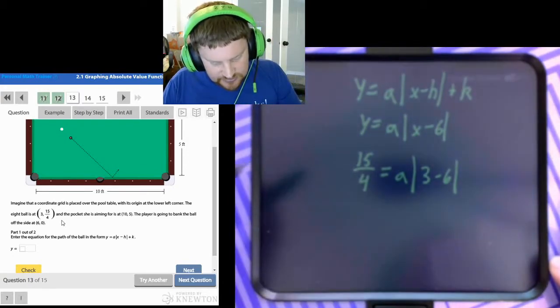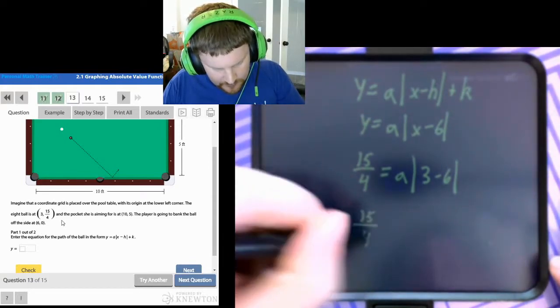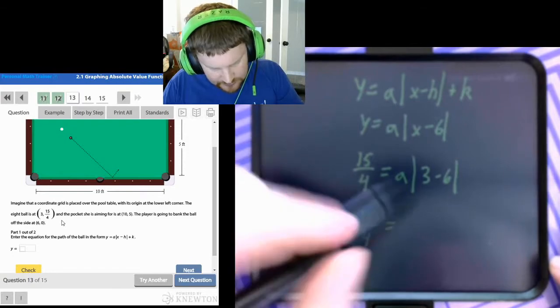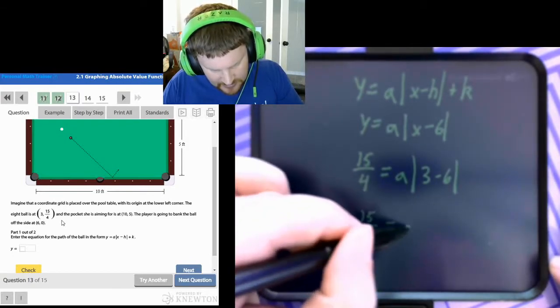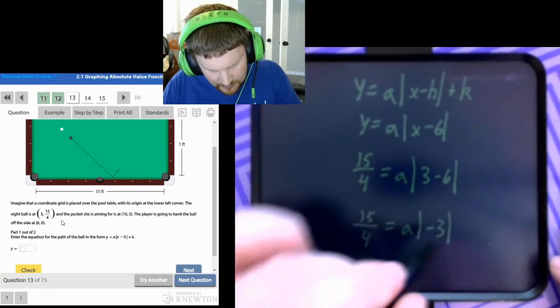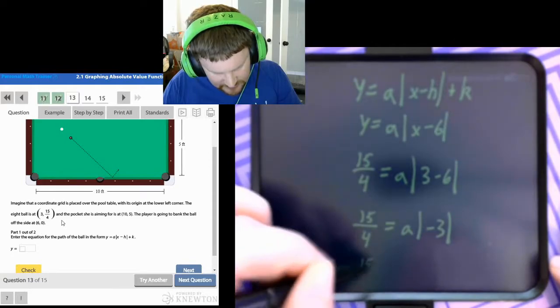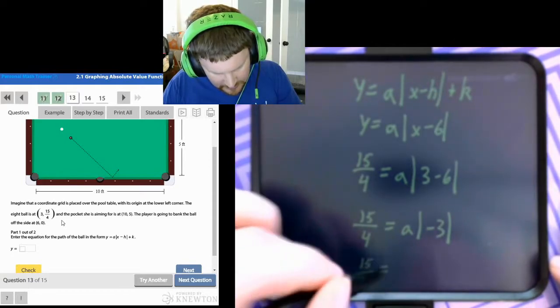Alright, so now we just need to solve for a. Well, 15 over 4 equals a, 3 minus 6 is negative 3, but the absolute value of negative 3 is just 3. So this is 15 over 4 equals 3a.